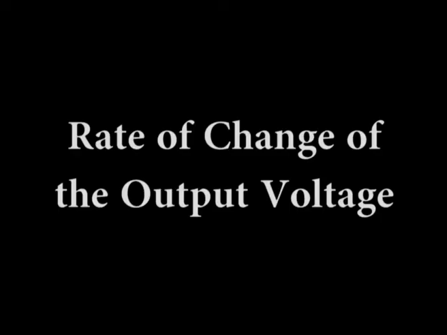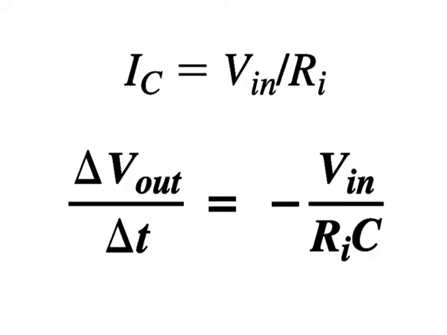Rate of change of the output voltage. As you have seen, the rate at which the capacitor charges and therefore the slope of the output ramp is set by the ratio IC over C. Since IC is equal to Vin over Ri, the rate of change or slope of the integrator's output voltage is delta Vout over delta t.